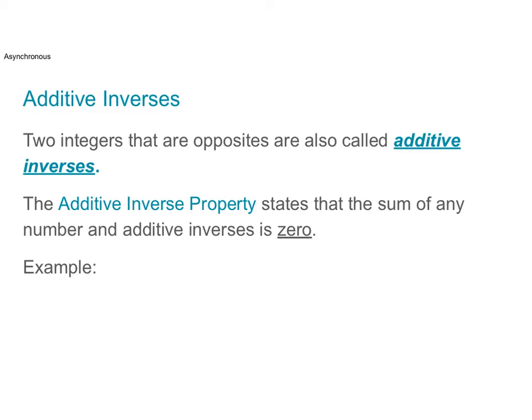For example, if I have 3 plus -3, that's going to give me 0. Or I have 6 plus (-6), put parentheses around it, it looks a little better, equals 0. So if they are opposites and you're adding them together, you'll get 0.